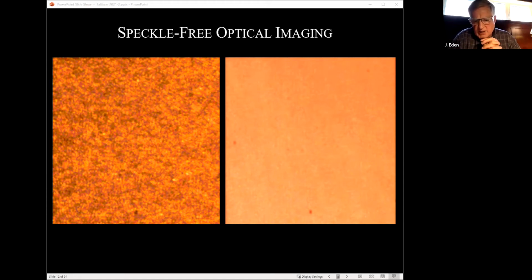On the right, we have the same laser, but now there's approximately 1,000 micro lasers that are striking this surface. And notice that the intensity fluctuations have virtually vanished. So this laser is, in fact, a speckle-free laser. And you might say, well, why is that interesting? Let's go to the next slide.